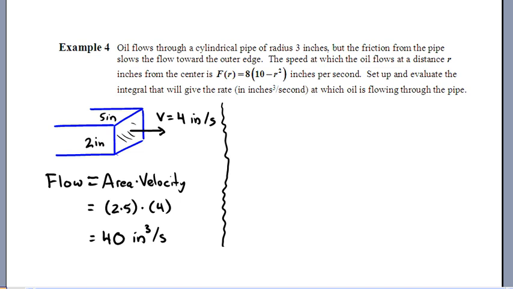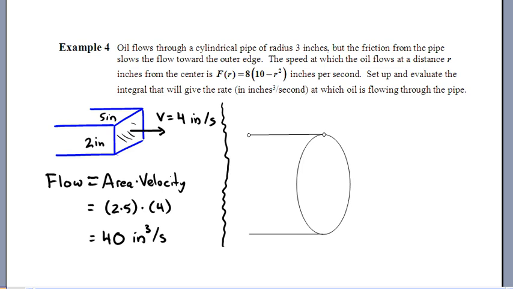According to what they're saying, when stuff comes out of this pipe, it's actually flowing at different speeds depending on where you look at it. So I'm just going to draw a little pipe here. Okay, so there's my pipe, and some oil is going to flow out of here.